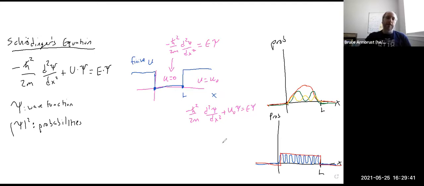We're going to have u naught times psi still in there. So the beautiful thing about this is that it's still the same kind of differential equation. It's still linear second order. Because I can move that E over here just like I did before, but I'm subtracting it from the u. And so this is going to lead to a different solution, but a solution that's the same type.